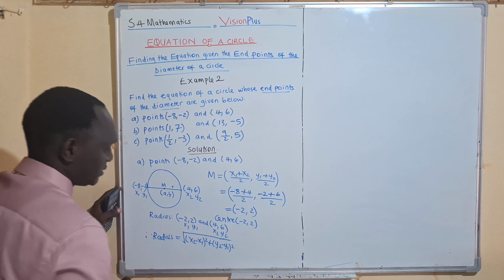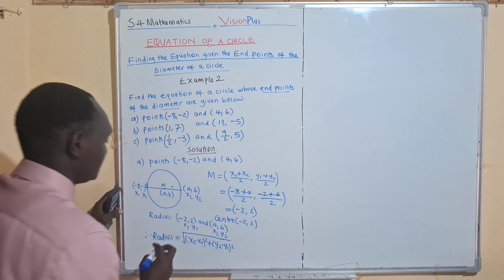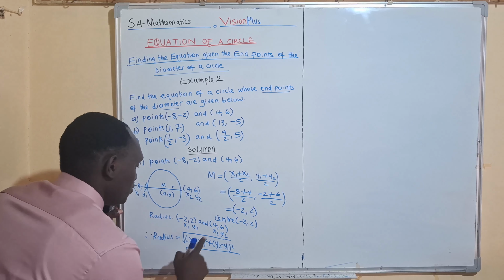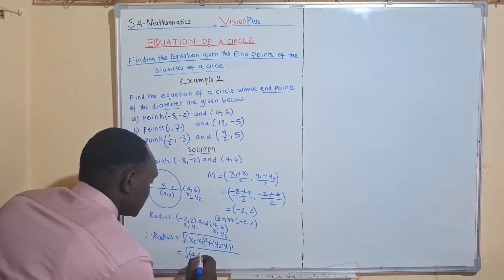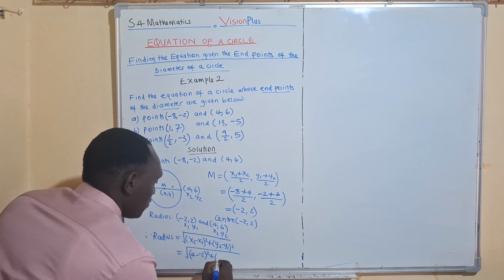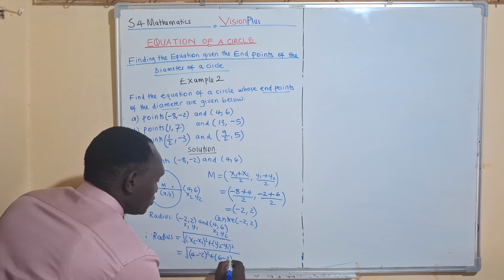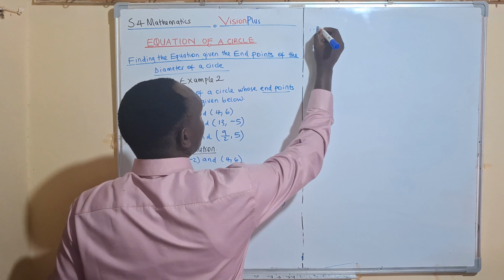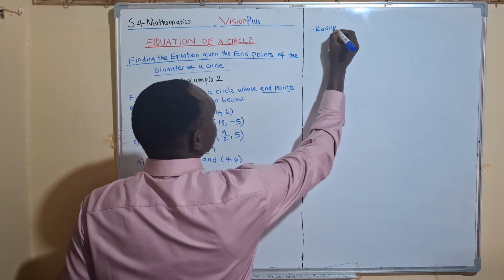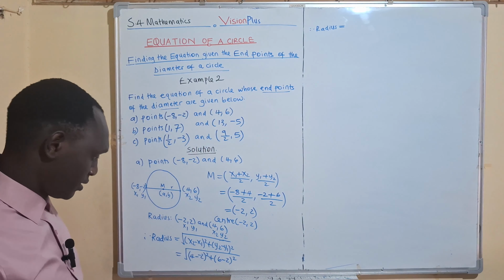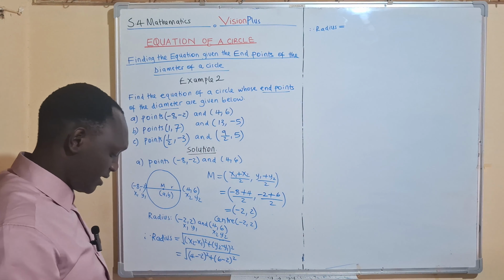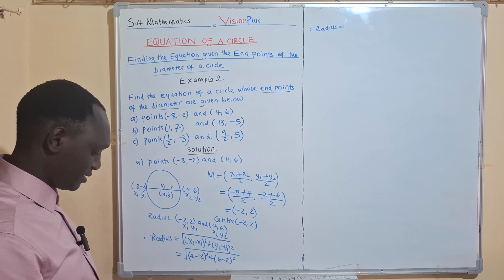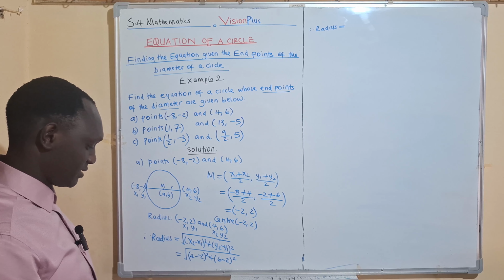Then we substitute for these values. What is x2? x2 is 4 minus x1 which is -2, squared, plus y2 which is 6 minus y1 which is 2, squared. So you press the calculator and say, therefore, my radius equals to, this is going to be 4 minus -2 squared, that is 6 squared, plus 6 minus 2 squared.